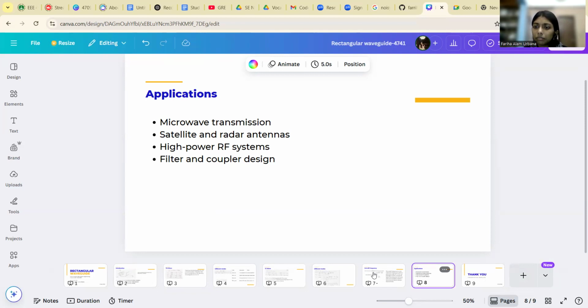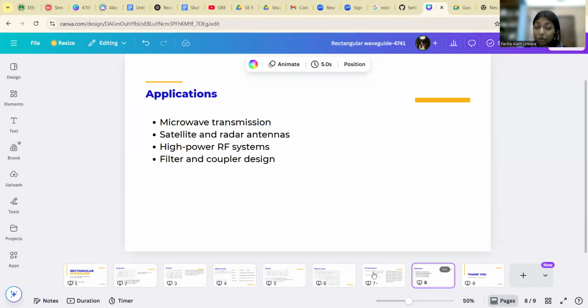So let's talk about a few applications. Let's talk about the application sector, that is the radar system. Rectangular waveguides are most commonly used to transmit and receive high frequency signals in the radar system. So it's a very crucial component in that application area.